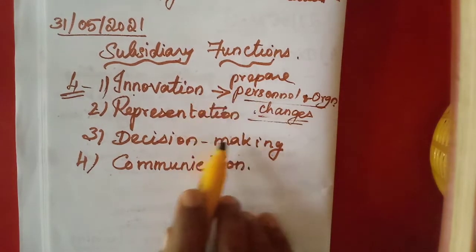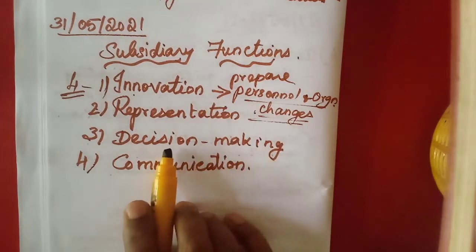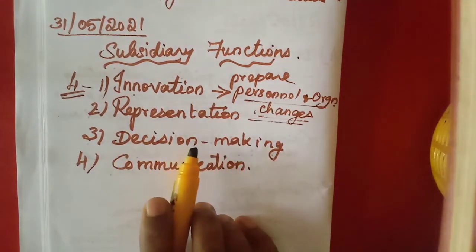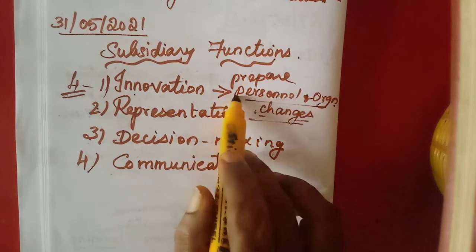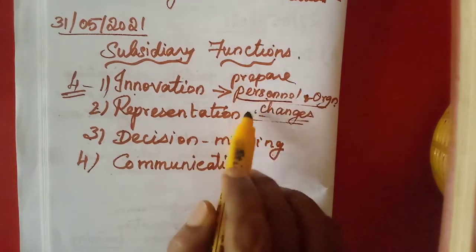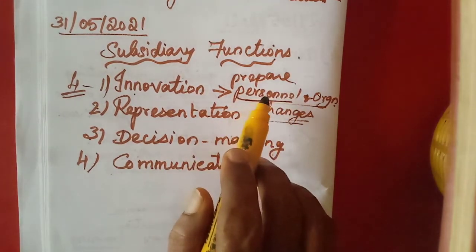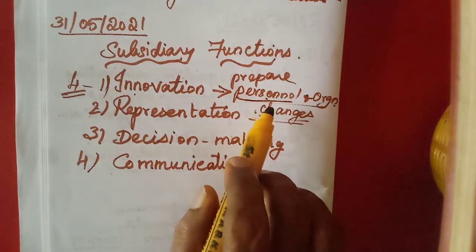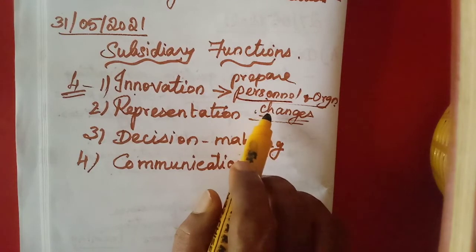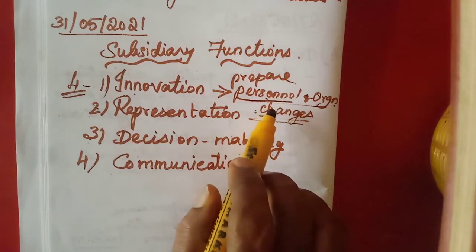Because continuous changes happen in the business world, they must be met by the business organization along with the persons, the management as well as the workers. The consumers' taste and fashion keep on changing, isn't it? For example, in our period we may have been using some type of soaps.